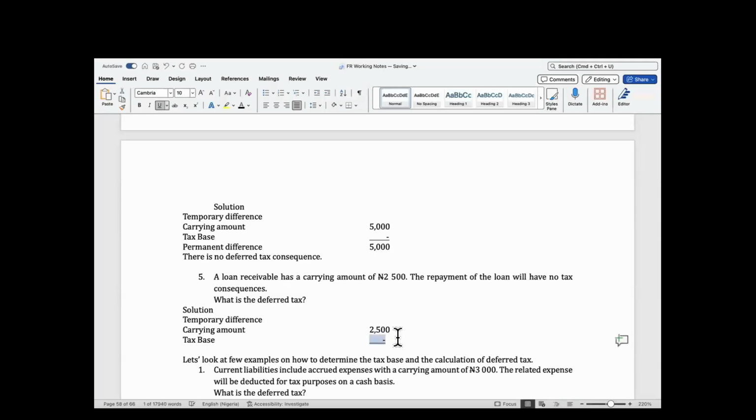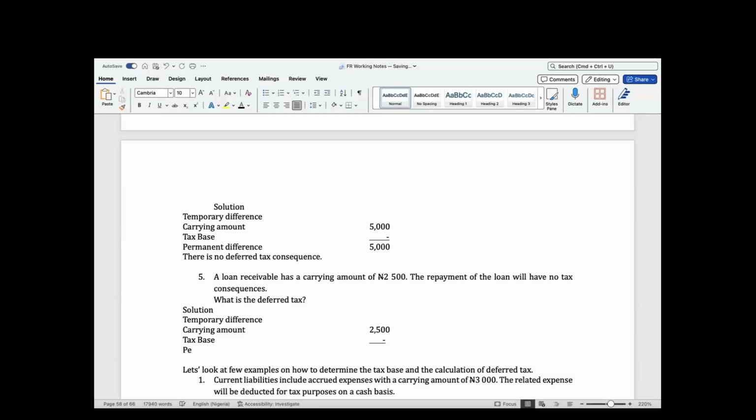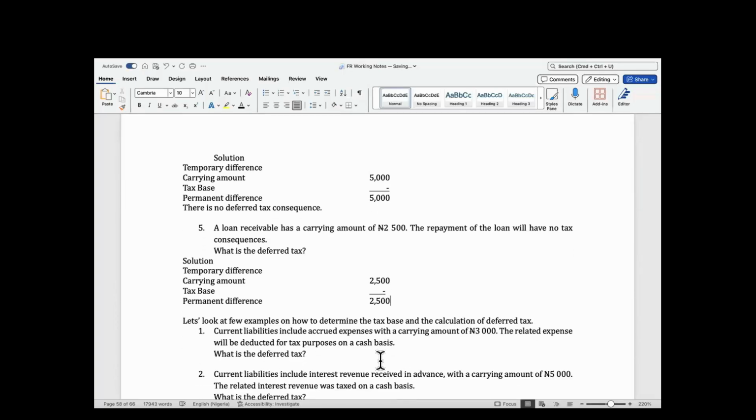There is a difference of 2,500, which is again a permanent difference, because it has no tax consequence.